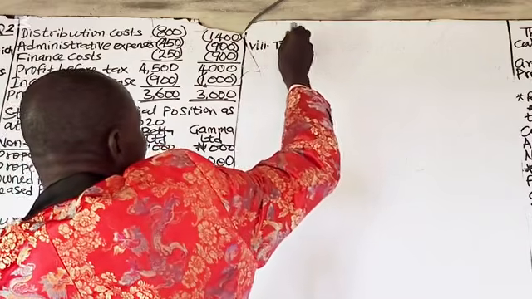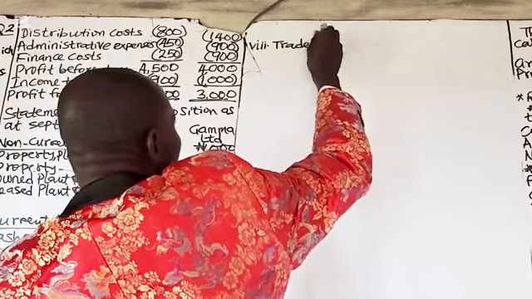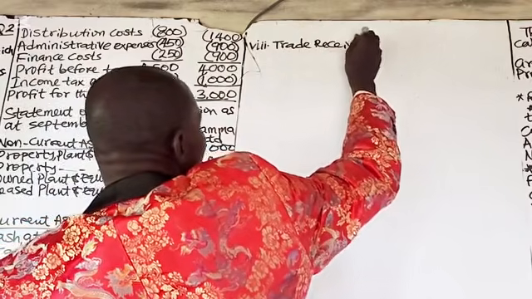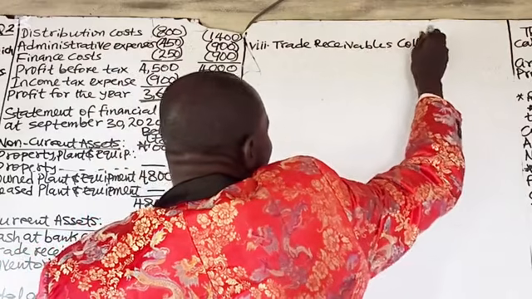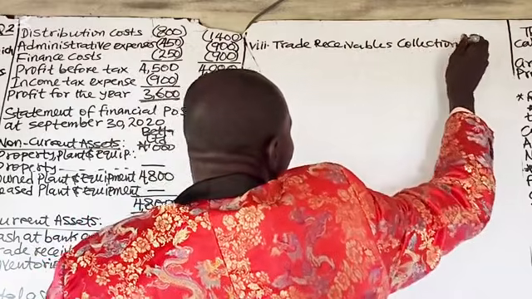Number 8, trade receivables collection period.